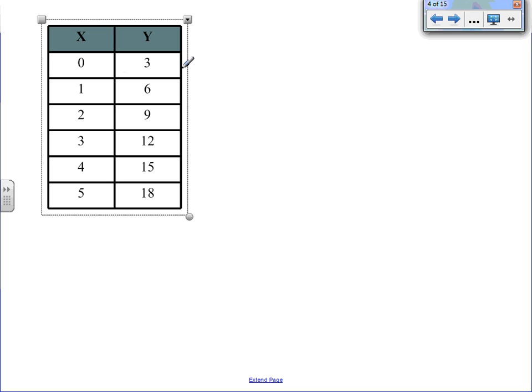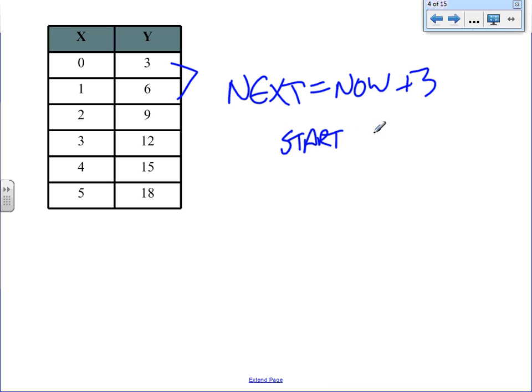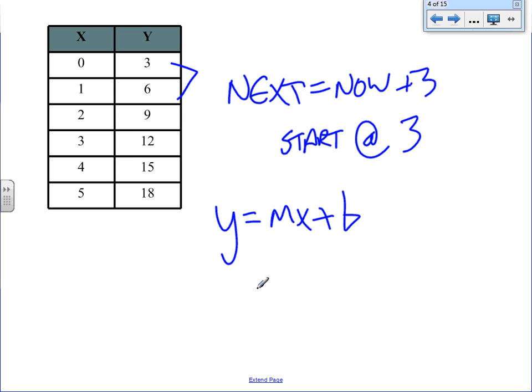So when we have my next now equation, which we got from here, next equals now plus 3, start at 3, we want to change it into a slope-intercept equation. We want it to be in this form, y equals mx plus b. Okay? And so what's happening in the next now equation, we're repeatedly adding 3 every time we get to the next step. Plus 3, plus 3, plus 3, plus 3.